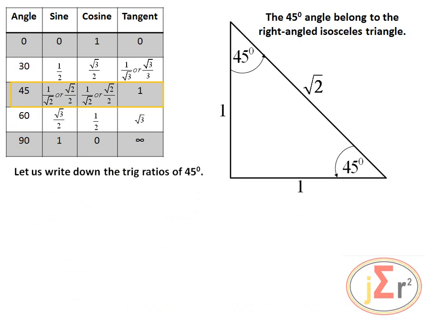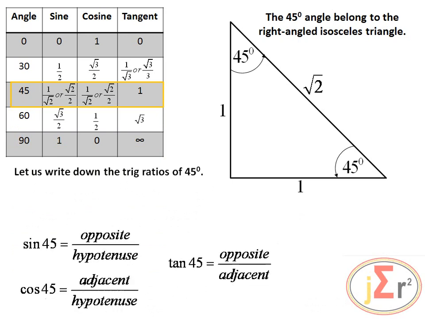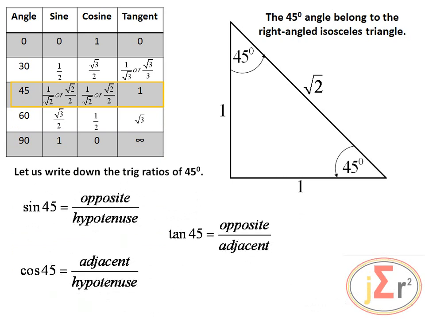Let us write down the trig ratios of 45 degrees. So there we have our 45 degrees, and same again. Opposite over hypotenuse for sine, and so on. So let us go ahead and write down the sine of 45 degrees. Opposite over hypotenuse.